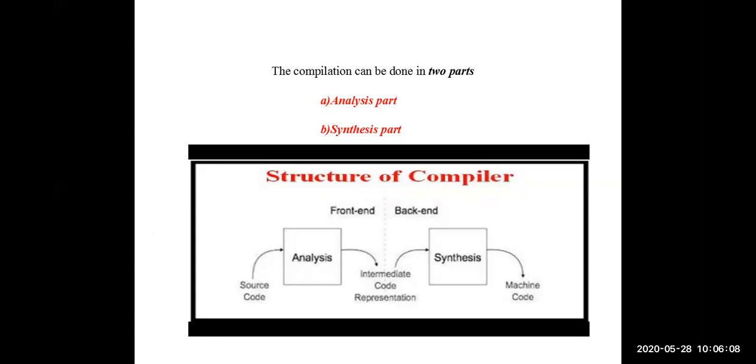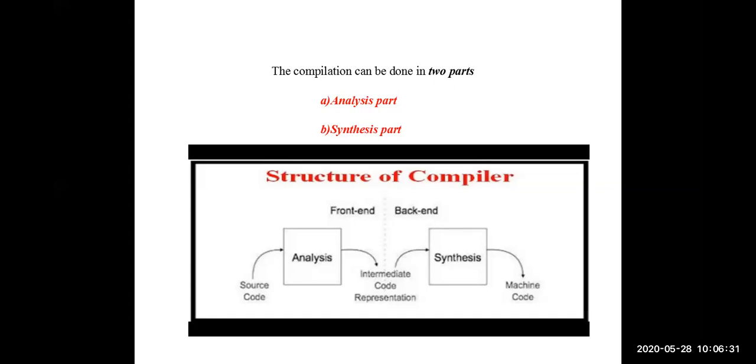The first part is the analysis part, where we analyze the code; the source code will be analyzed. The second part is the synthesis part, where we produce the assembly code. Synthesis means producing, where the machine code or the assembly code will be produced.